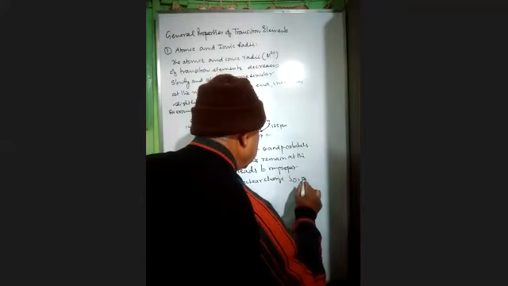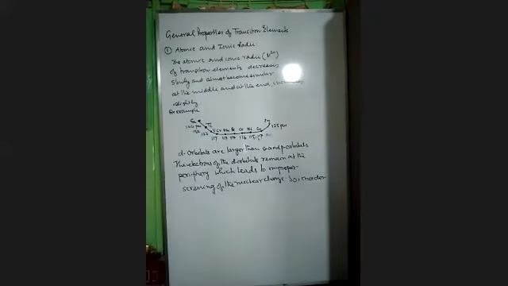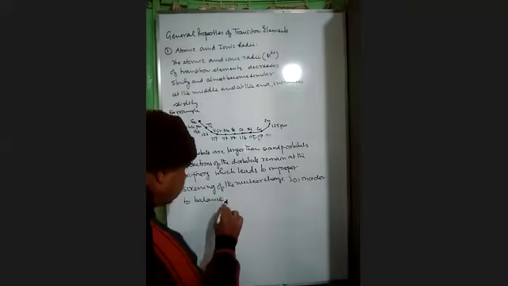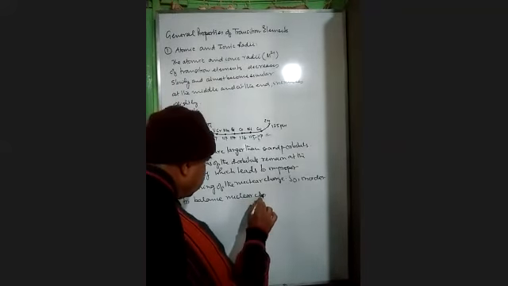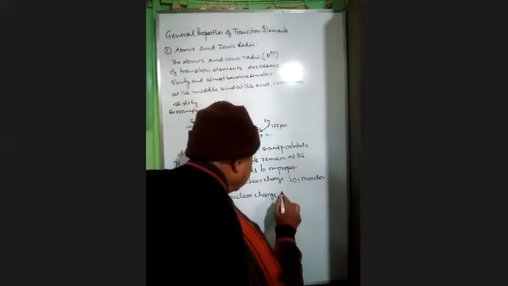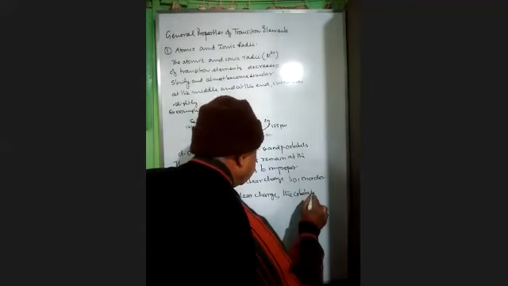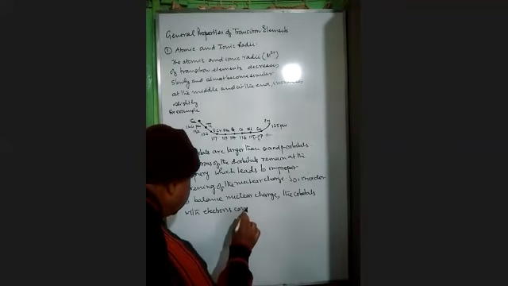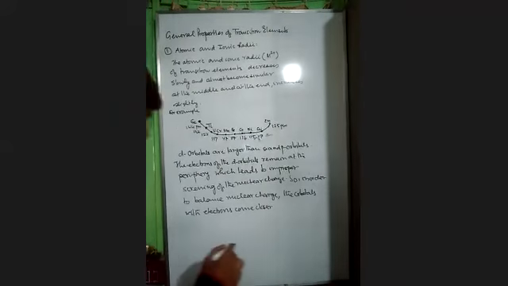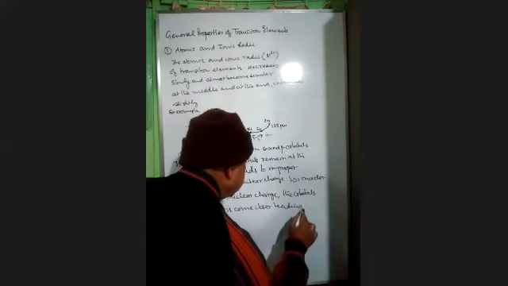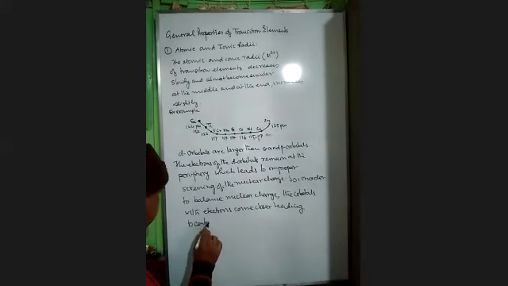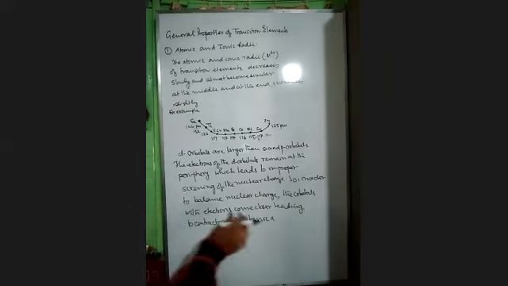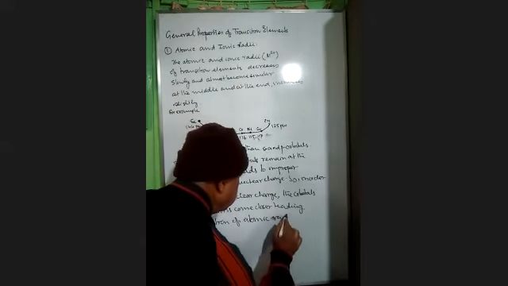So, in order to balance nuclear charge, the orbitals with electrons come closer, leading to contraction of atomic radii.